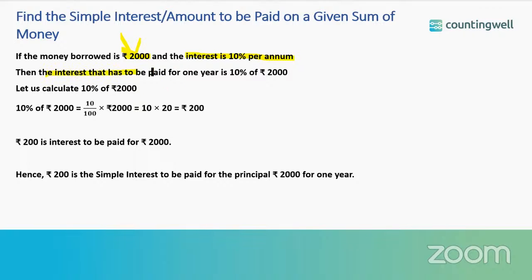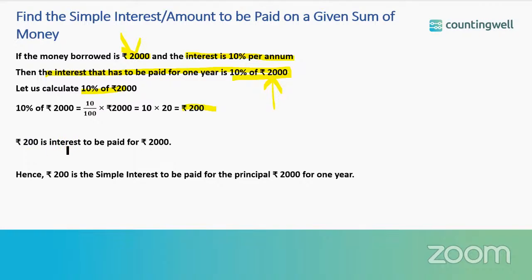The interest that has to be paid for 1 year is 10% of 2000 rupees, because he has borrowed 2000 rupees. So let us calculate 10% of 2000. It is nothing but rupees 200.